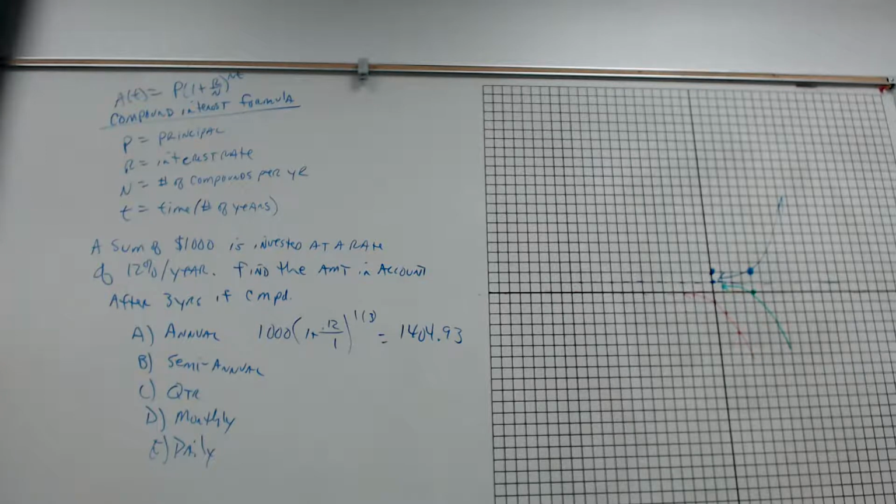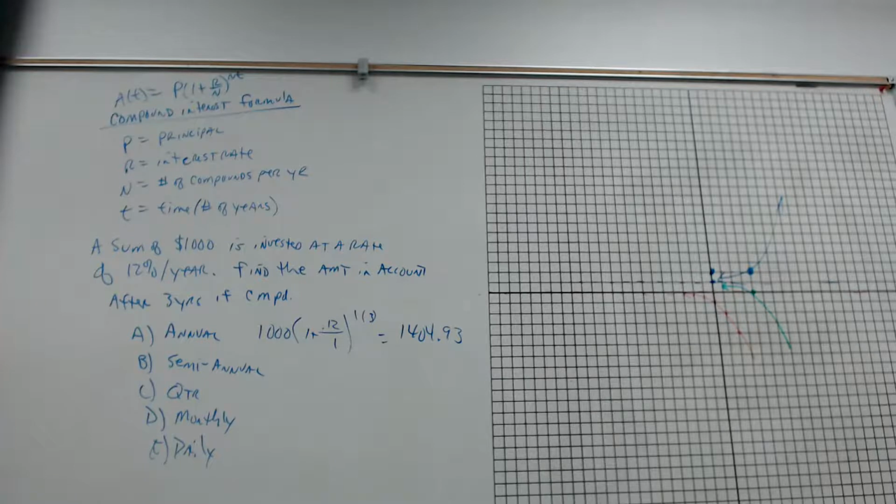Give you about 15 seconds to put that in. Use parentheses or you'll get it wrong. If you have any problems, go to Fidencio. He knows how to do it.